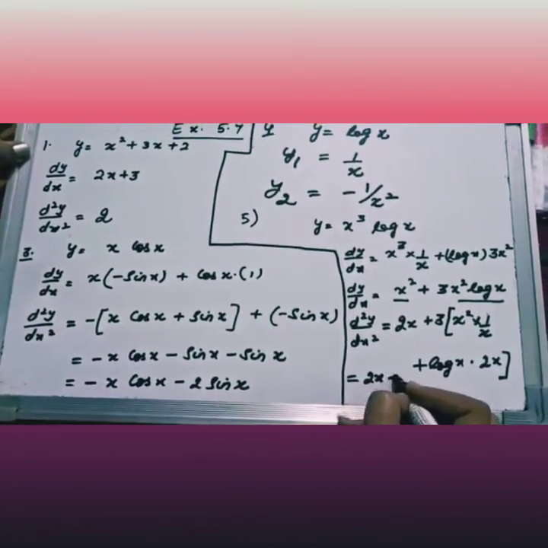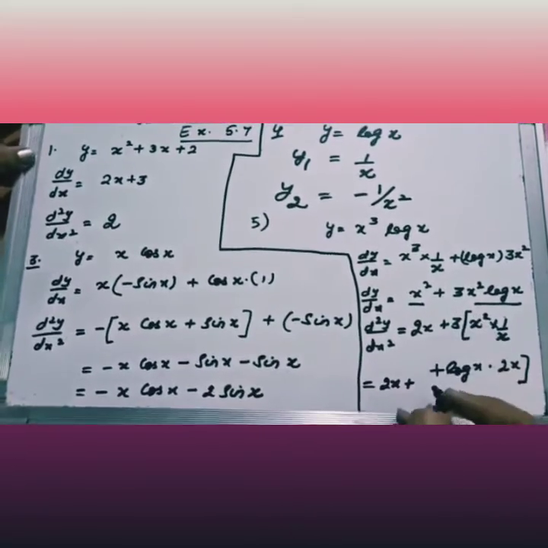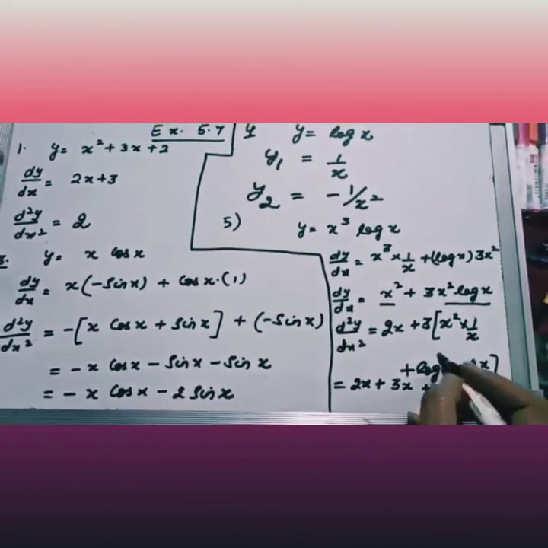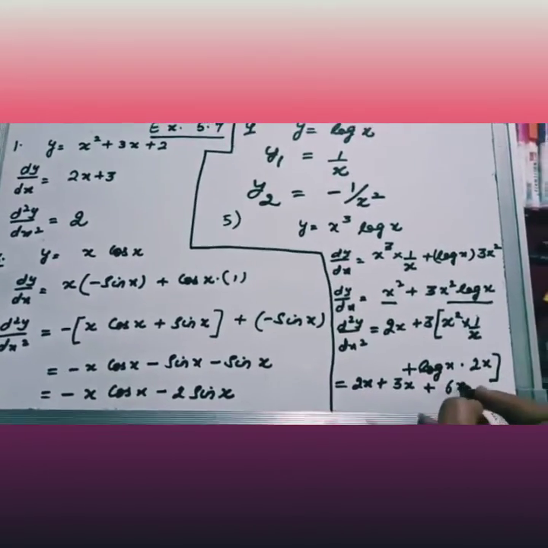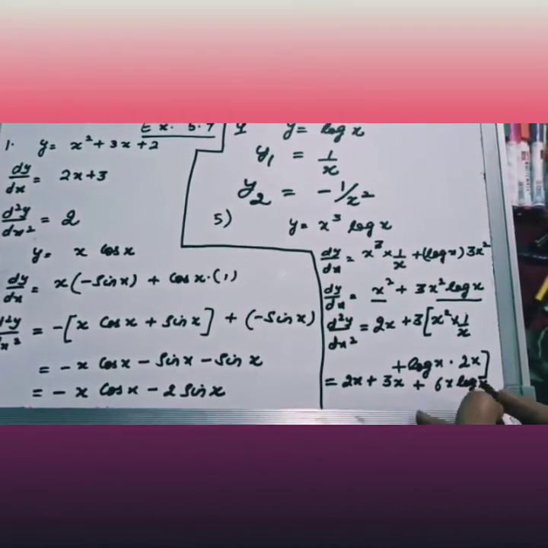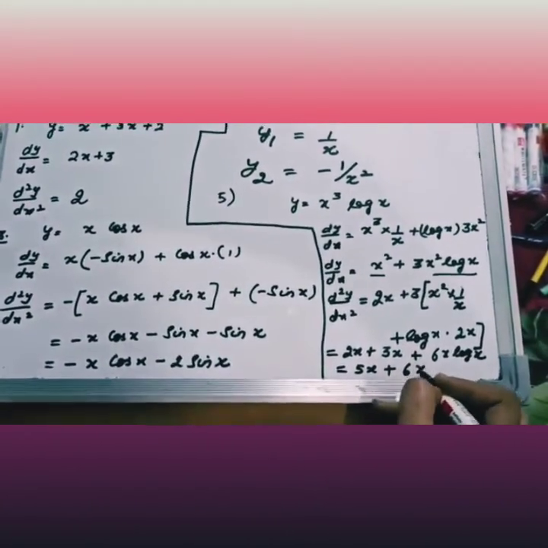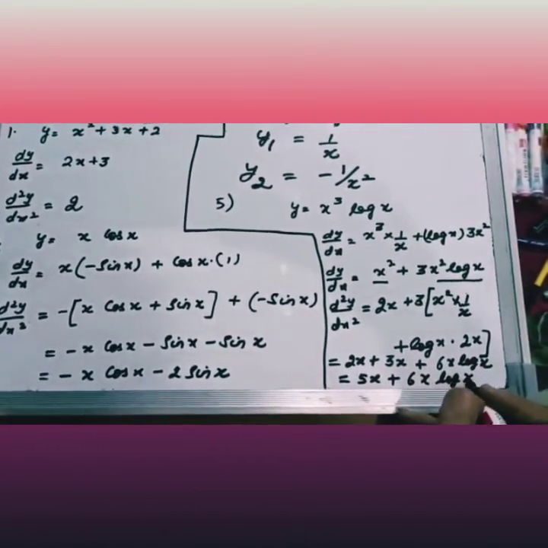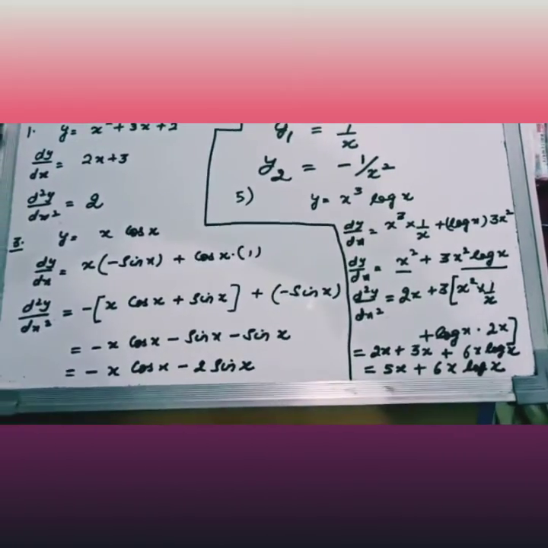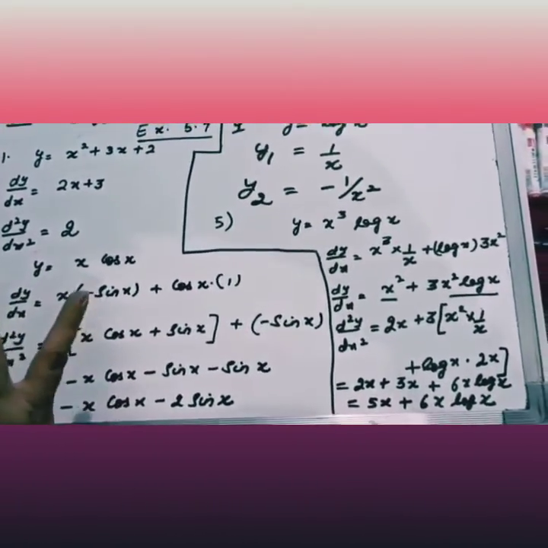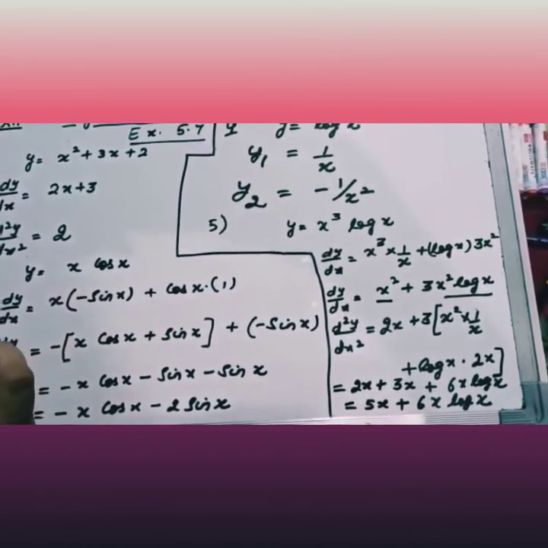It is 2x, plus this x cancels, 3x plus 6x log x, or it can be written as 5x plus 6x log x. So this is the second order derivative. This is a simple differentiation. The only difference is that here you have to differentiate 2 times for the second order derivative.